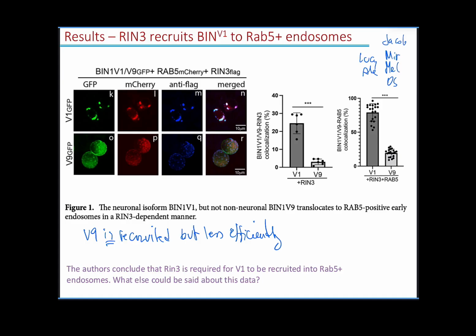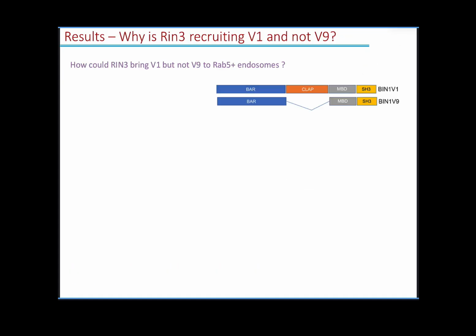Cool. So now let's talk about those mechanisms. They concluded that Rin3 brings V1 to Rab5 endosomes. And as you were suggesting before, it may have something to do with domain structure. V1 has a clap domain, V9 doesn't.